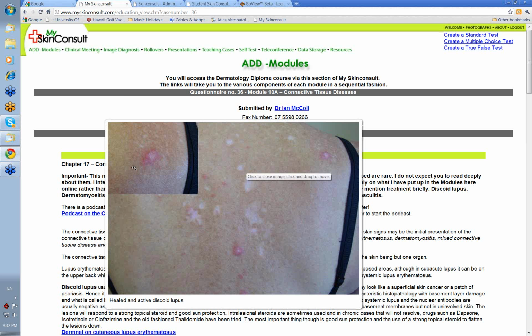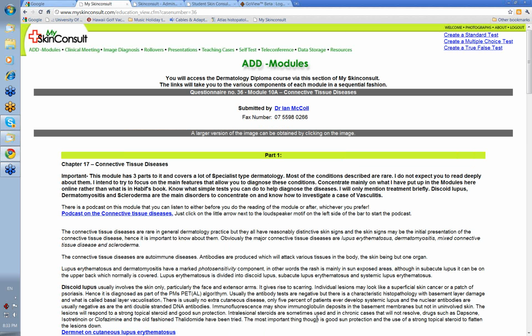The active one is red and scaly, but again it looks a little bit like a couple of skin cancers, perhaps SCCs, perhaps BCCs. But when you see the scarring also, it should get your attention. And these are some early lesions here and here as well. So red scaly rash, go through the mnemonic, discoid lupus. It's a scarring disorder, that's why you've got that healing there.